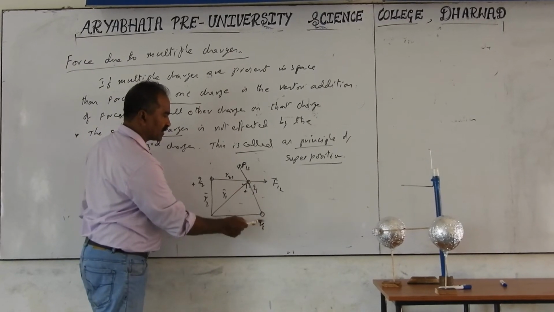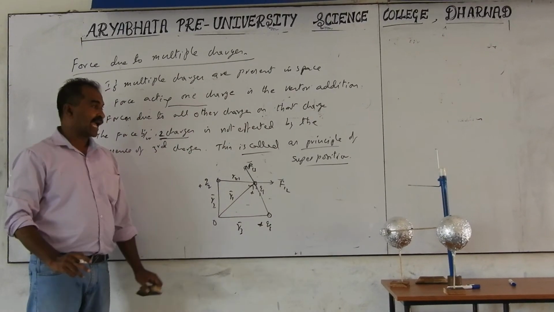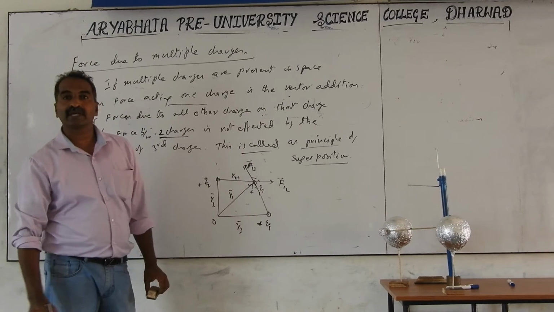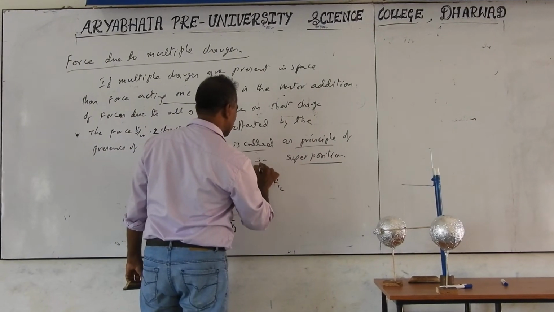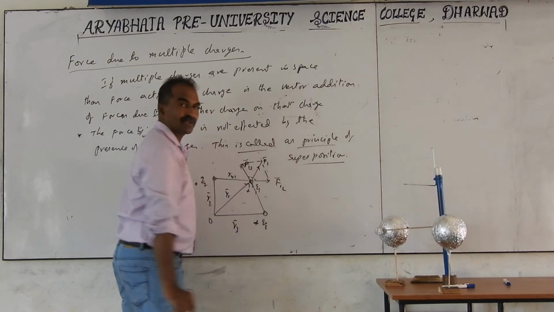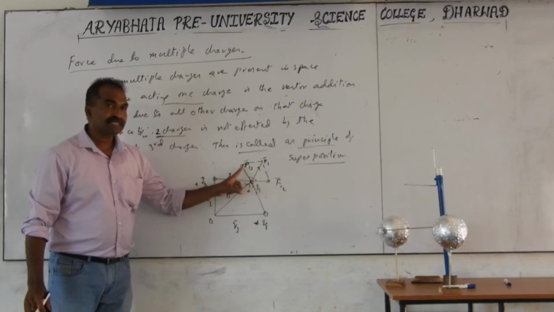Because of Q3 the force on Q1 is this side, F1 in this direction. What about the resultant? The angle between these two is theta. Then take the parallelogram, parallel to each side. The diagonal is the resultant, which we take as F1 bar. F1 bar is equal to F12 bar plus F13 bar.